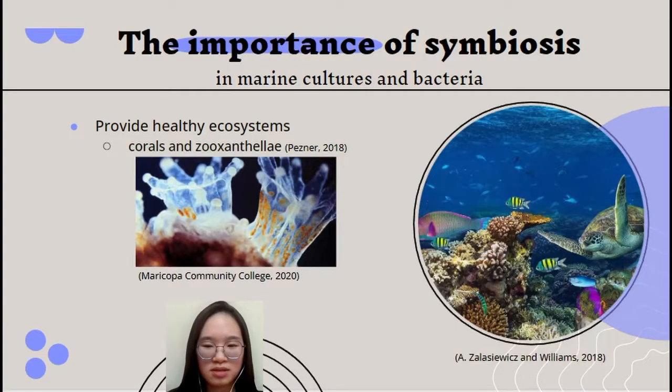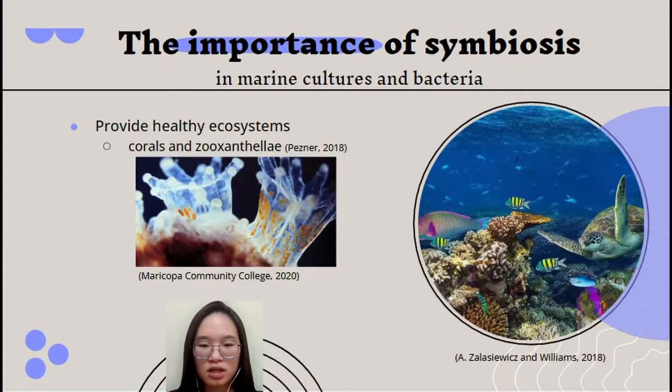One of the importances of symbiosis in marine cultures and bacteria is to provide a healthy ecosystem. As stated in a post by Errol Pesner, symbiosis between corals and zooxanthellae has allowed corals to grow successfully in tropical waters, which gives humans a prolific ecosystem.